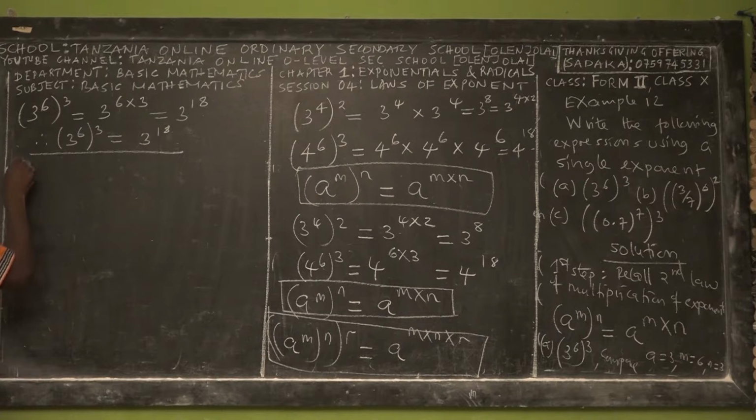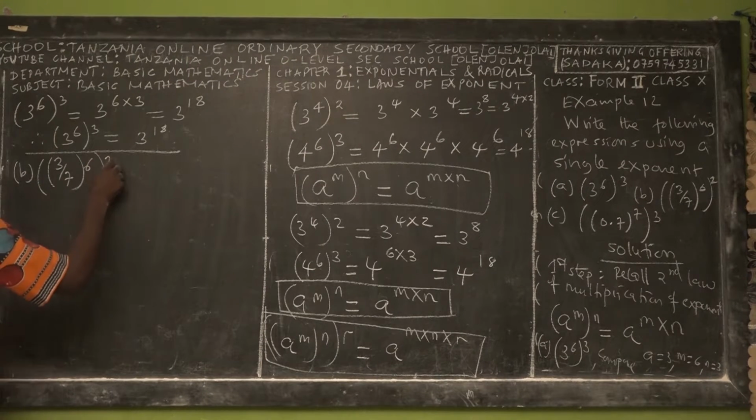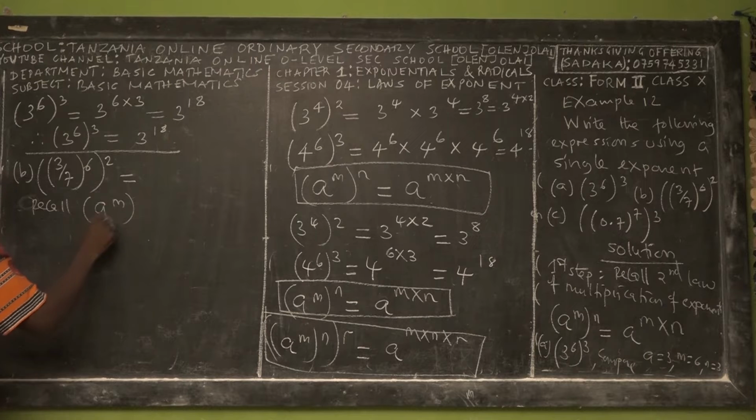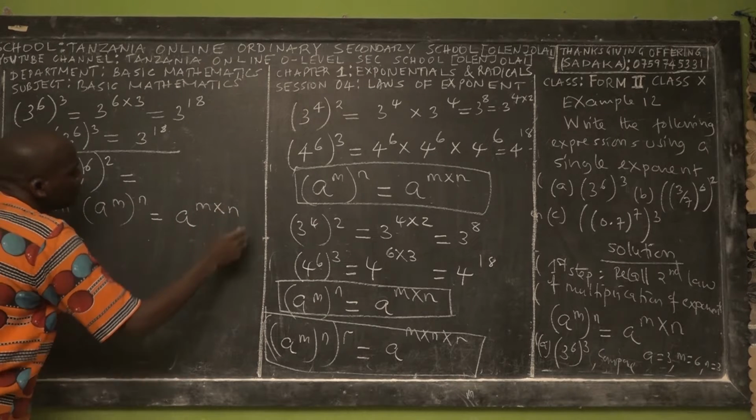Roman B will be given 3 over 7 power 6, and this one squared. If we recall the law, A power m, then power n, is equal to A power m times n.